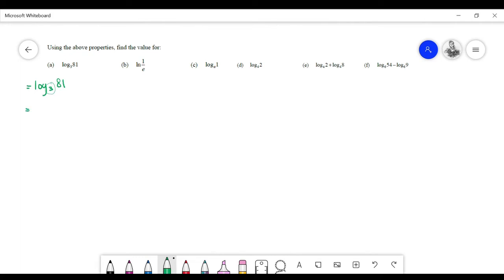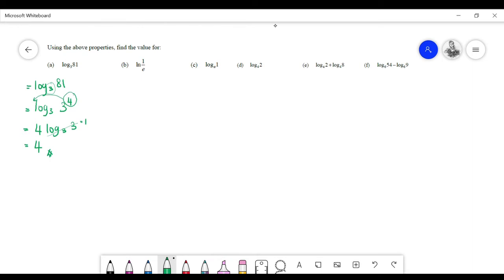I found that 3 to the power of 4 equals 81. So we can write 3 to the power of 4 here, then bring this 4 to the front. Then write down 4 and logarithm with base 3 and argument 3. Then this is equal to 1. Then write down 4. So this is your final answer.